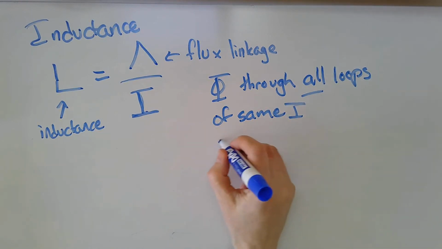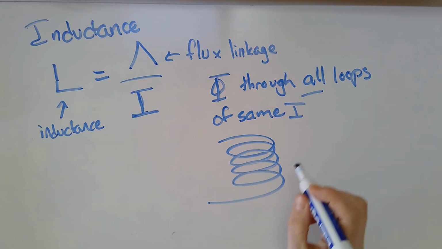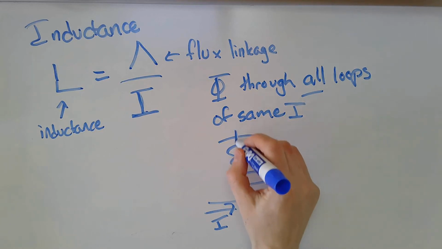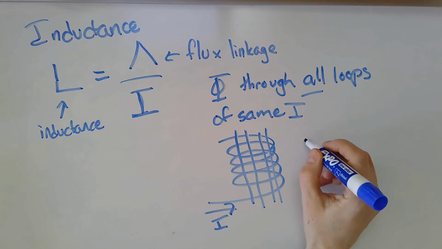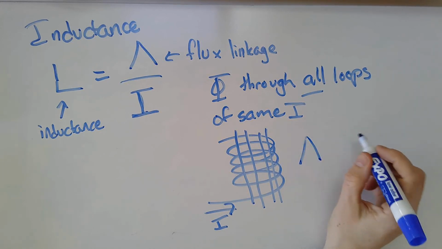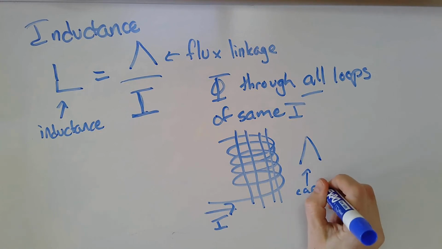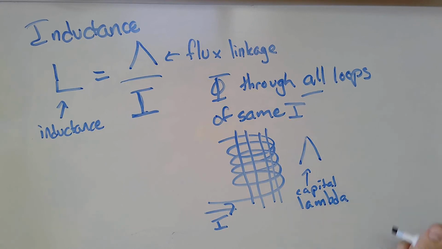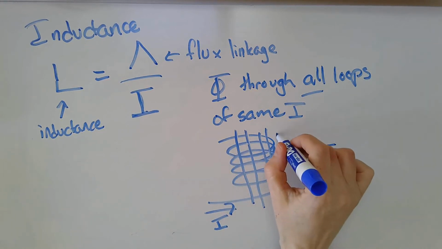So if there are, like there were in the coil example that we just did, n loops of current I, and the same magnetic field lines go through all of them, then the total flux linkage, this is a capital lambda, by the way, is equal to the sum of all of the fluxes through each of the individual loops.